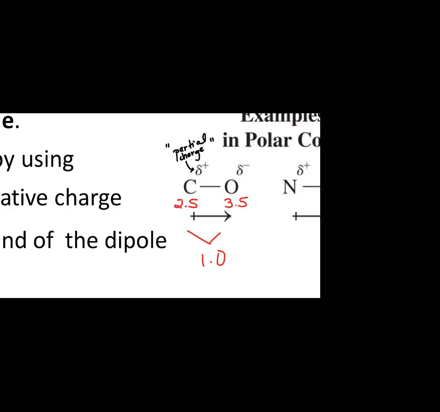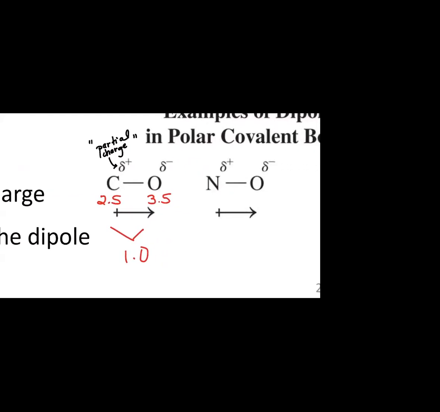And that's why there is that polarity, that dipole existing between carbon and oxygen. So if we compare nitrogen and oxygen, similarly, oxygen is more electronegative than nitrogen, okay? So that's why you have delta plus, delta minus. Understand that this designation is only for polar covalent bonds.